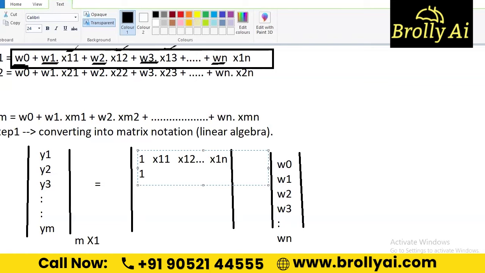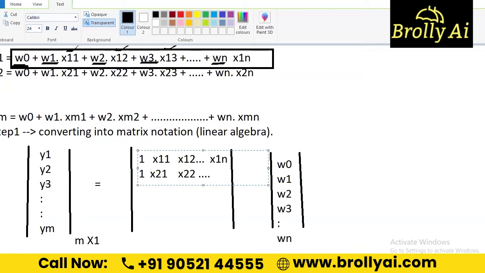This is the reason that in the beginning days of discussing machine learning, we prepare one matrix in which we keep the first column as ones, because if W0 came out, 1 is pending. Do the same for the second row. W1 came out, so X21 here. After that, W2 came out, X22 here.